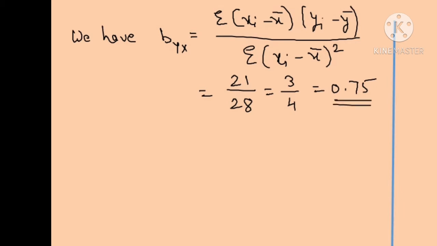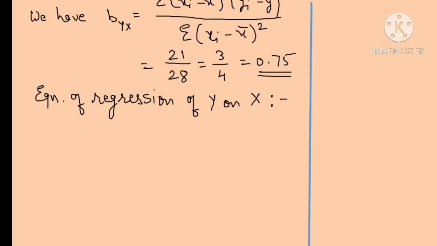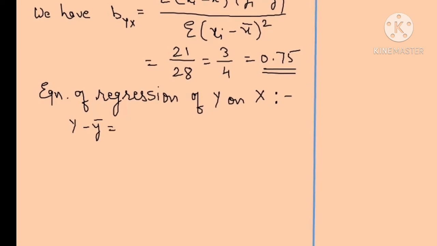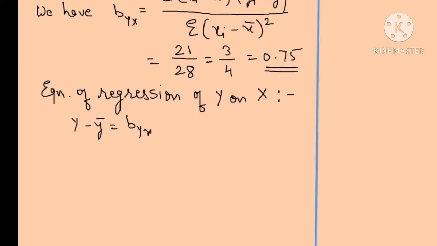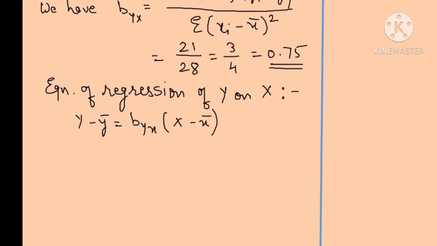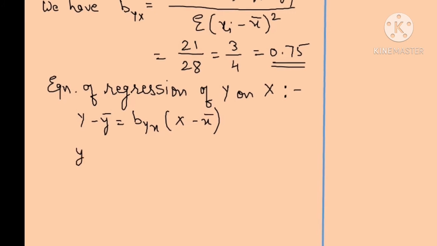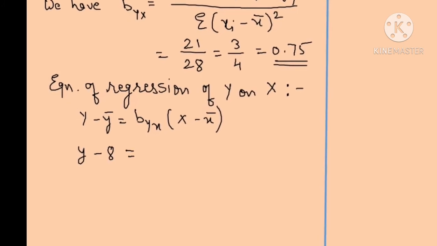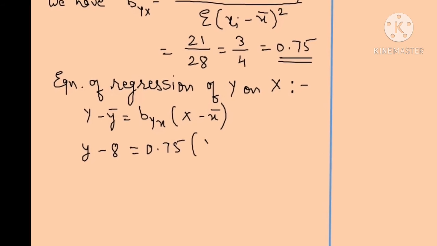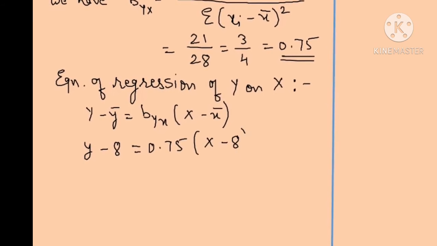Now the equation of regression of y on x is given by y minus y bar is equal to byx into x minus x bar. So now let us substitute. y minus 8 is equal to 0.75 into x minus 8.